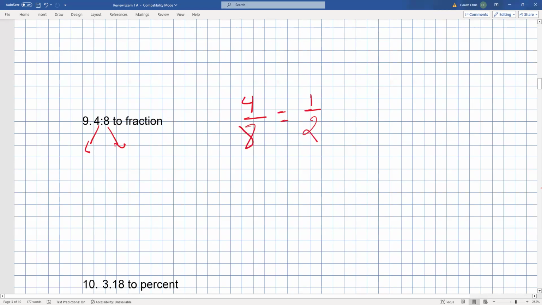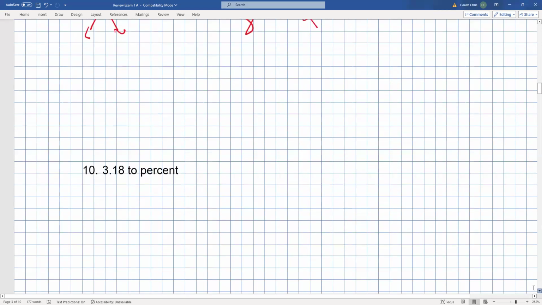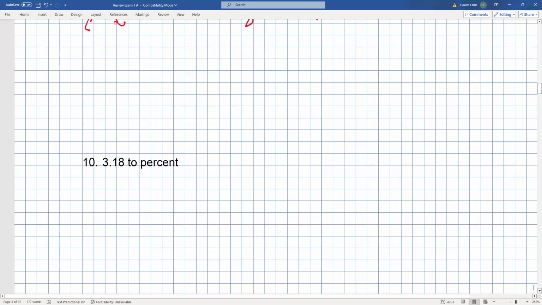All right, so let's keep going. You have 3.18 to a percent. How do you convert any number to a percent? You have to multiply that by 100%. So to convert anything to percent, you have to multiply that by 100%. This is how you do that.